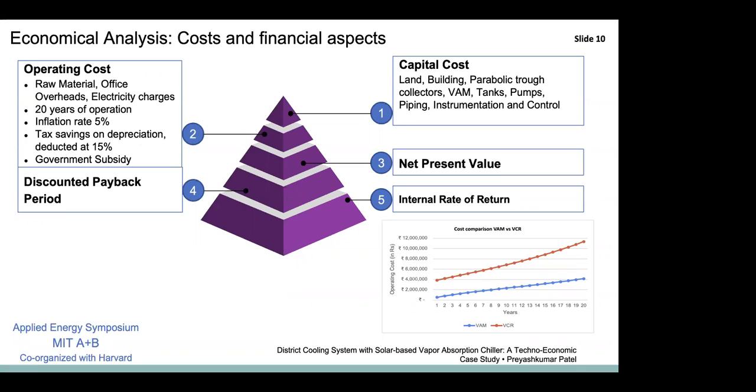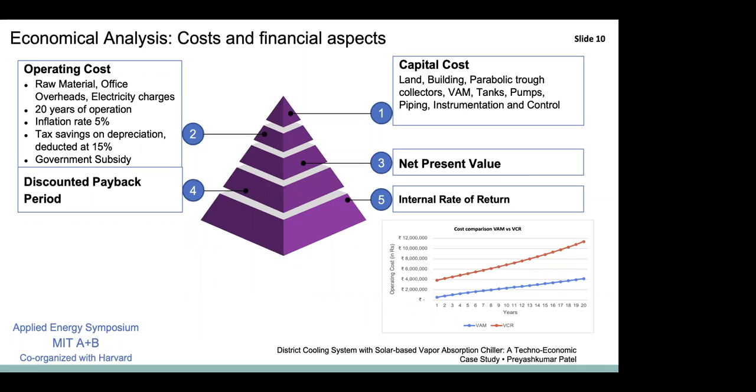Furthermore, operating cost has been calculated for 20 years, taking into account inflation of 5% every year, and tax savings on the depreciation has been estimated at 15% rate according to the Indian income tax authorization. Also, government subsidy has been taken into account.